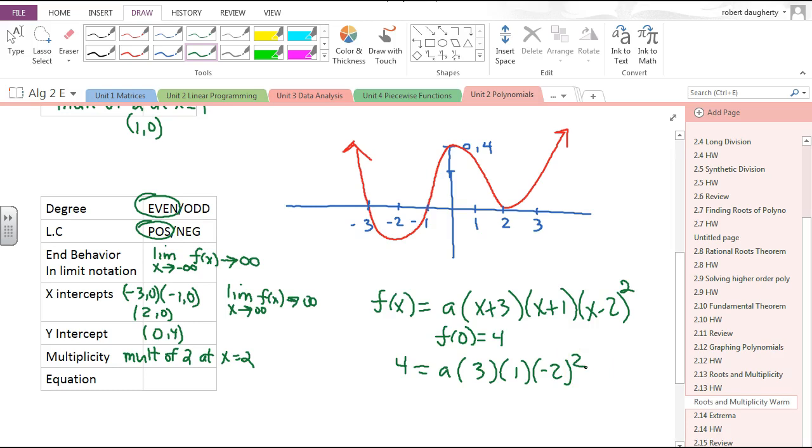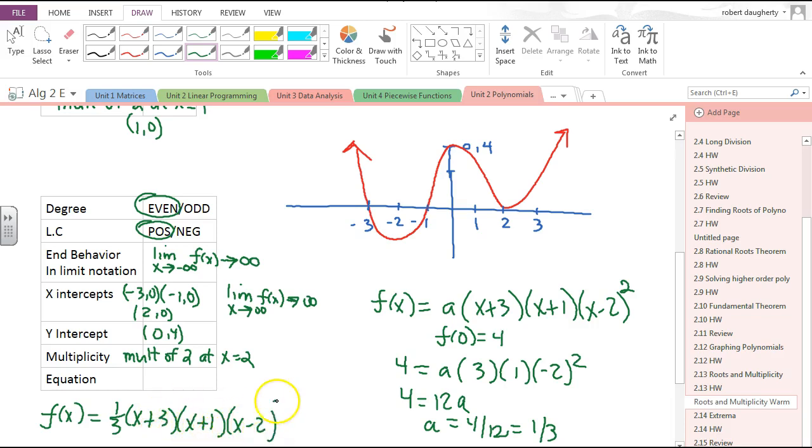So 4 equals 12a, which means that a is equal to 4/12, or 1/3. So this equation is f of x equals 1/3 times x plus 3, x plus 1, x minus 2 squared.